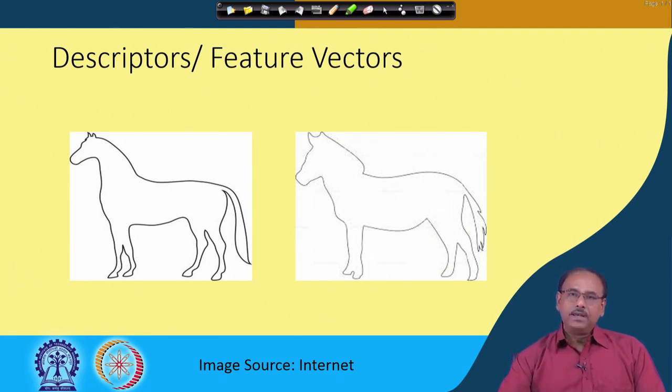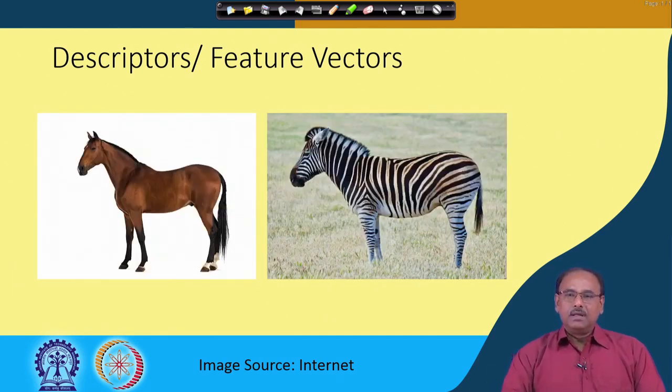But when you look at the entire figure, that is, along with the shape information, when we also consider the information of color, intensity and texture, then only can I say which is the horse and which is the zebra. So, that makes two things very clear: for objects that we see in the real world, we can have two types of information.